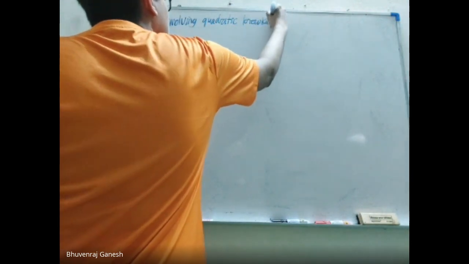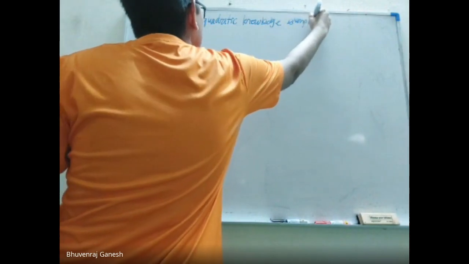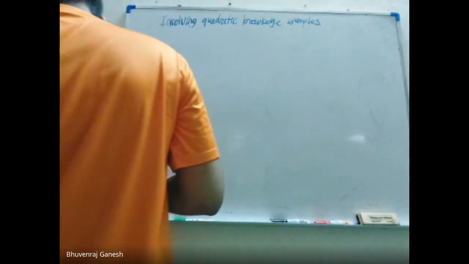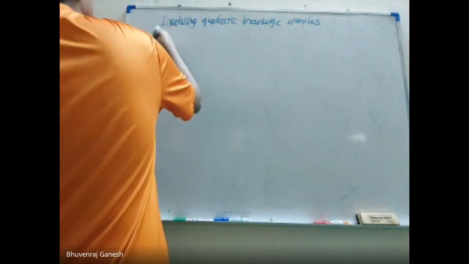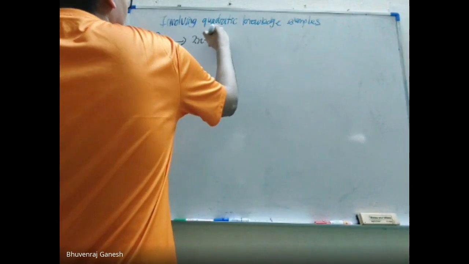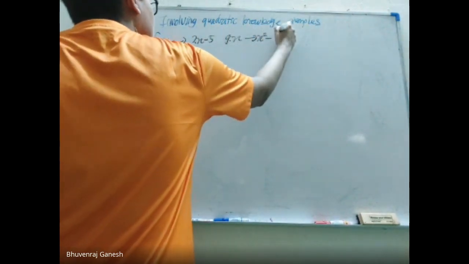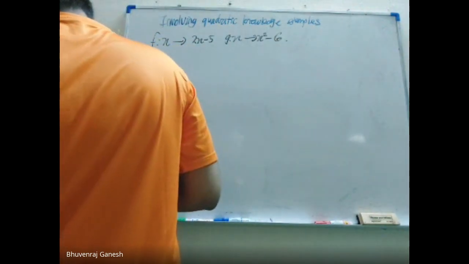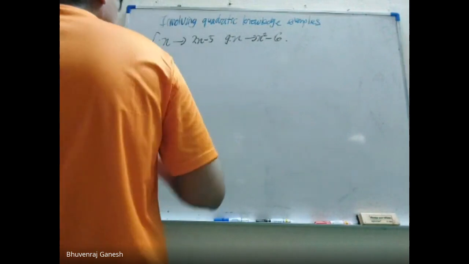Example. So let's say these are all examples of functions. I give you f(x) is 2x minus 5, g(x) is x squared minus 6. So from here, let's say they throw a question here.